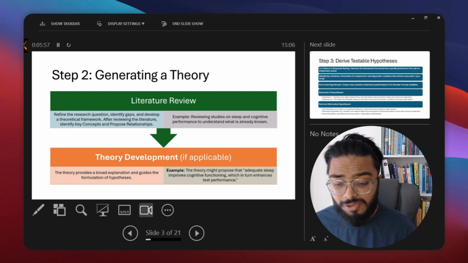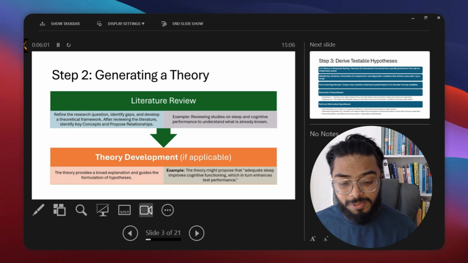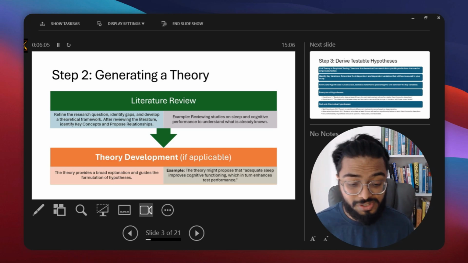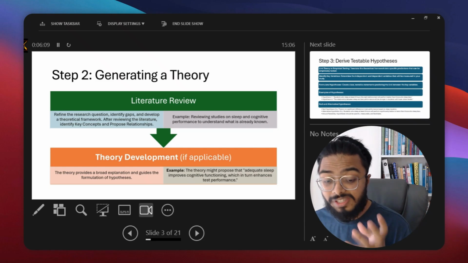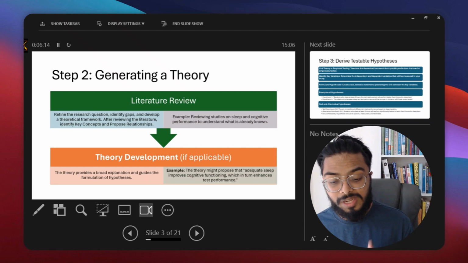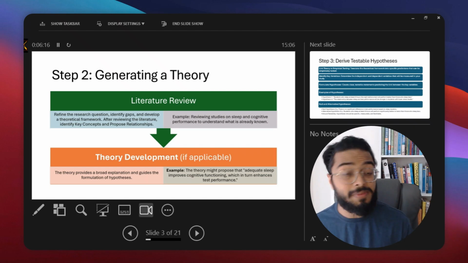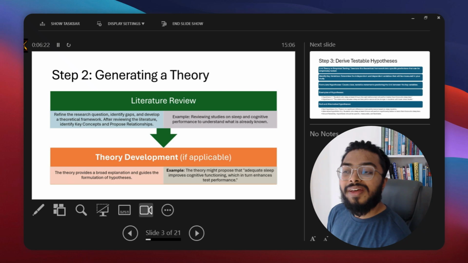For instance, if you're looking into the effectiveness of psychotherapy, your theory might propose that the strength of therapeutic alliance, that's the relationship between the therapist and the client, is the key factor for treatment outcomes. Now, this theory will guide your research and help you make predictions about what you should be expecting.